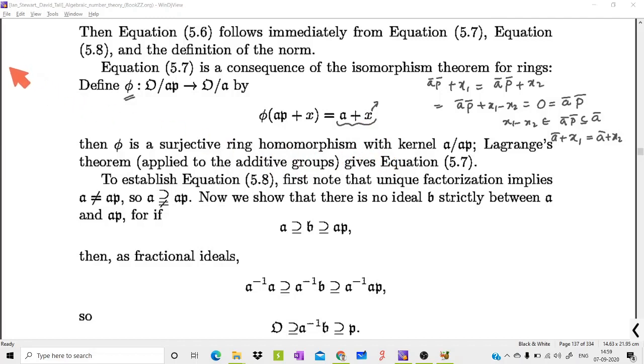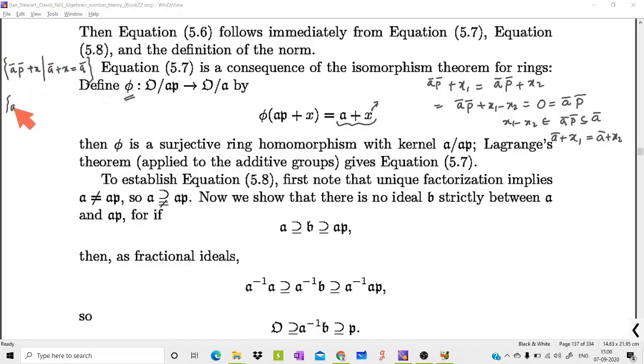Kernel is defined as the cosets AP plus x whose image is the identity in O by A. The identity of O by A is A itself, so we can write A plus x. This image should be A. So this set will give the kernel of this homomorphism.